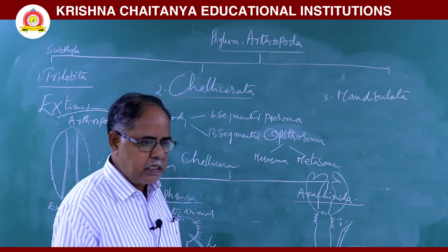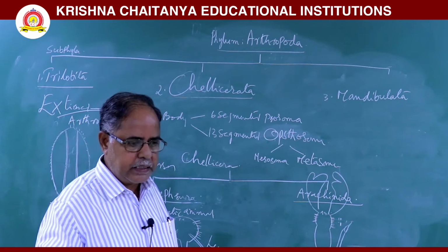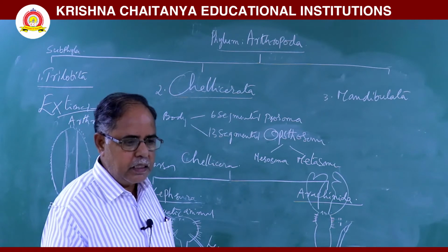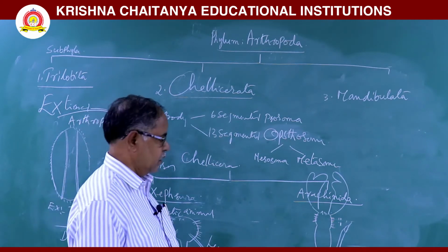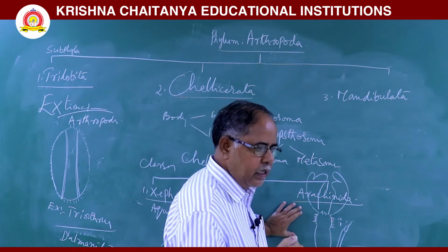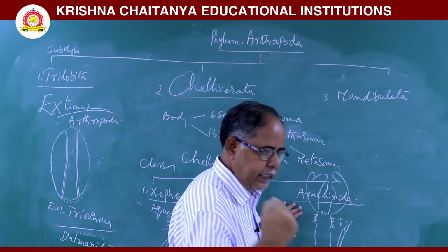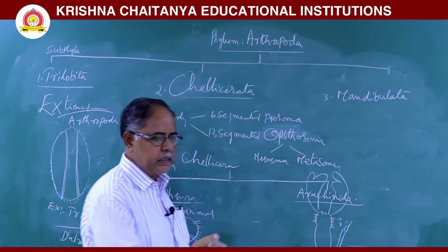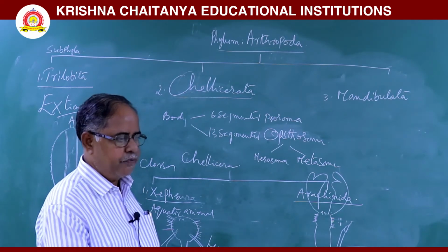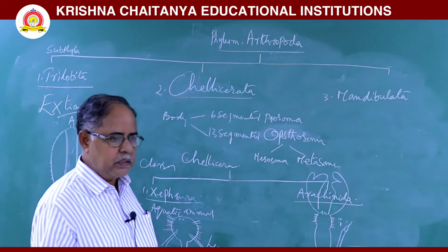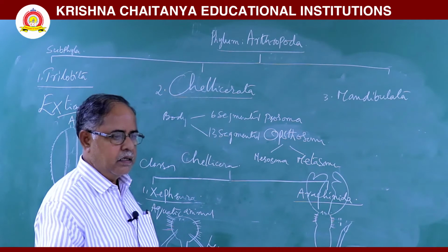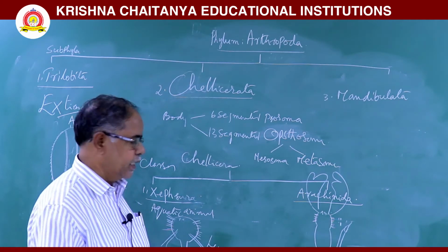In some spiders, book lungs are present and trachea is also present, in some only trachea. In scorpions, coxal glands also act as excretory organs.